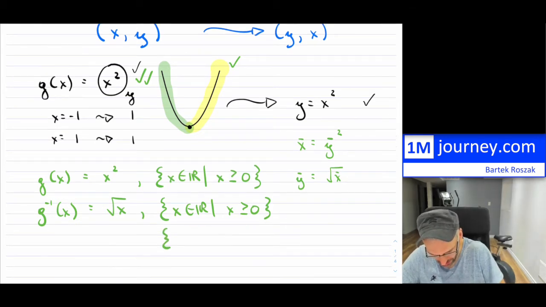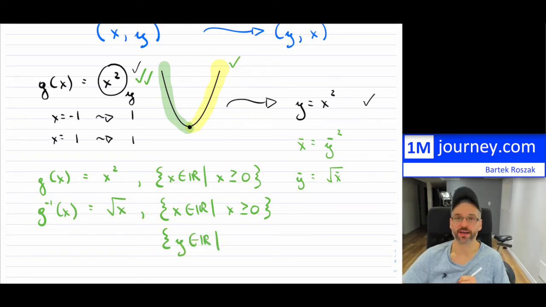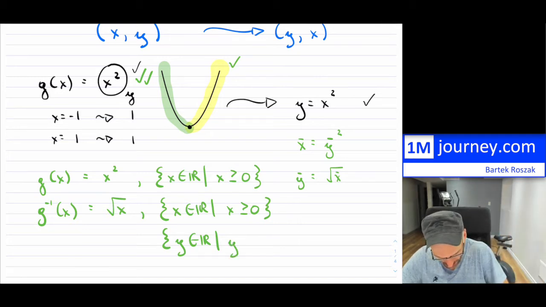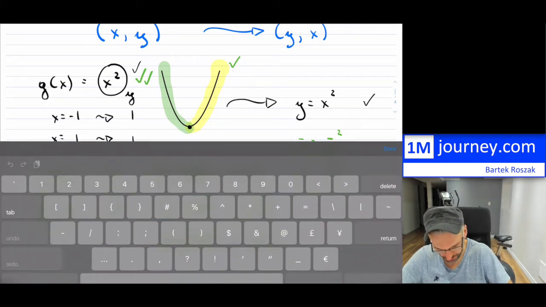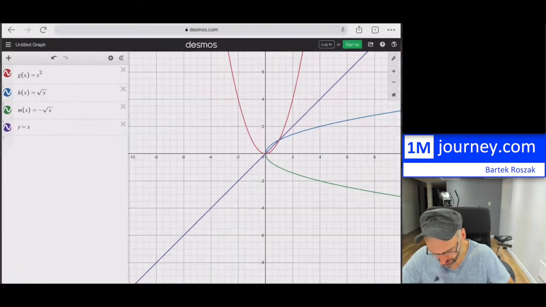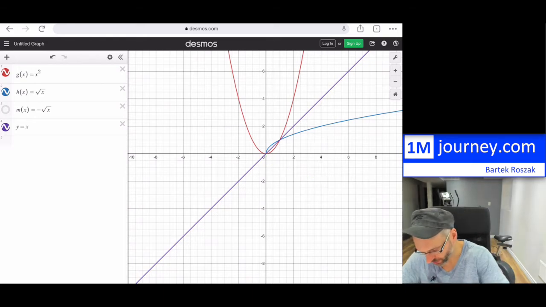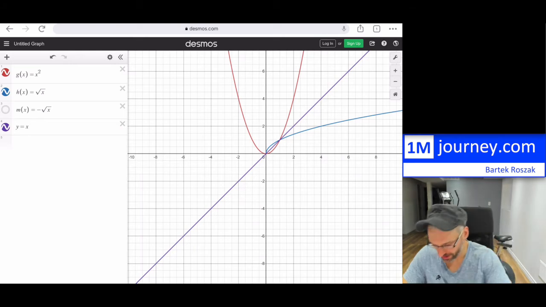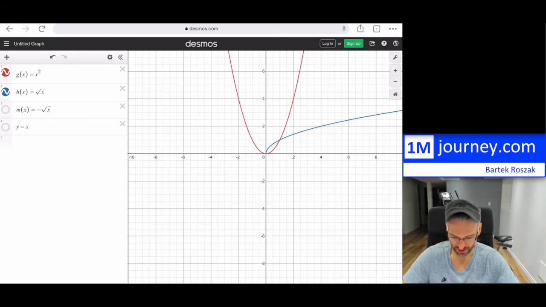Now the range, my y, is actually anything above, so y greater than or equal to 0. Because if you go back to the graph, the blue line, let me remove this y equals x, and then let me remove that. Notice that the range is everything above.